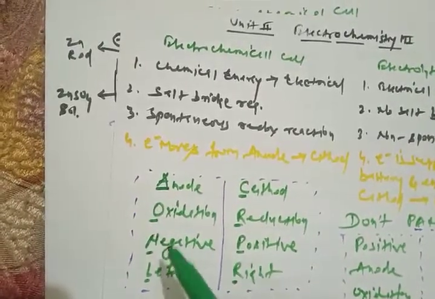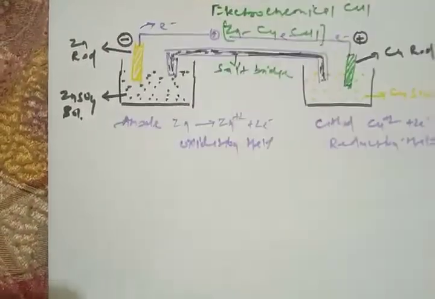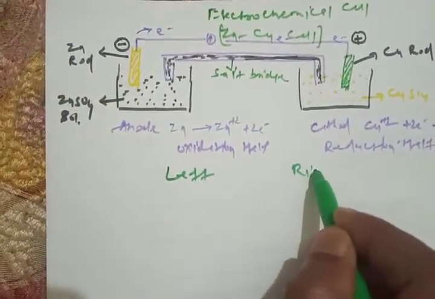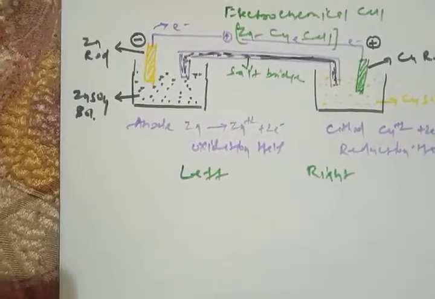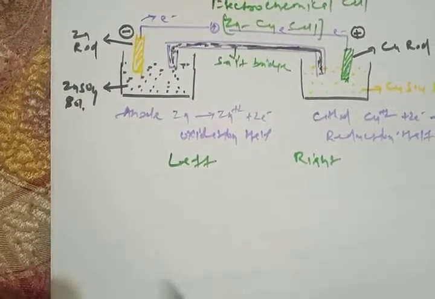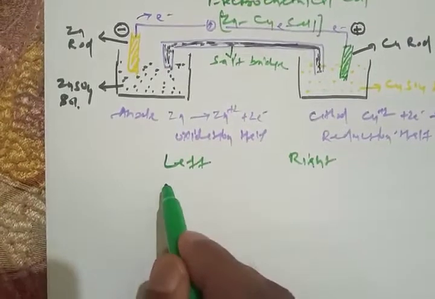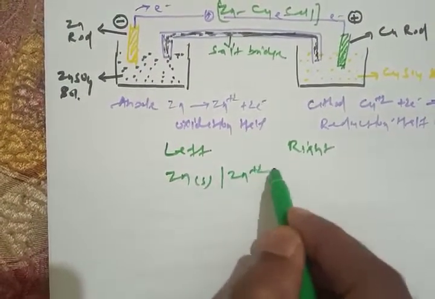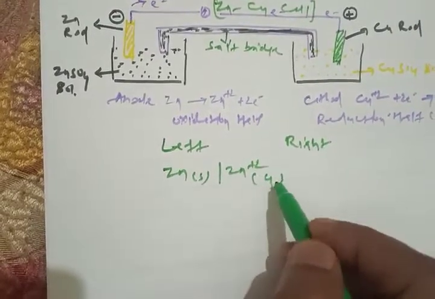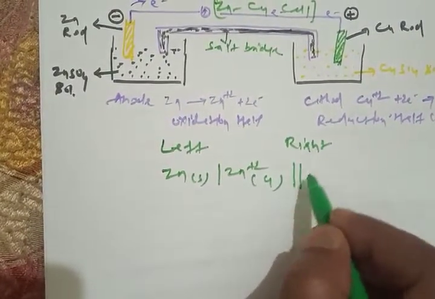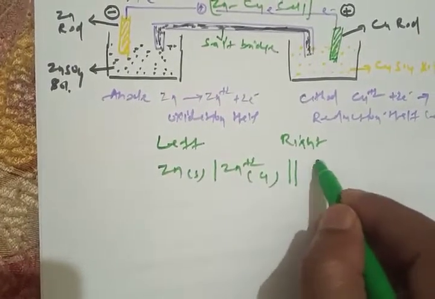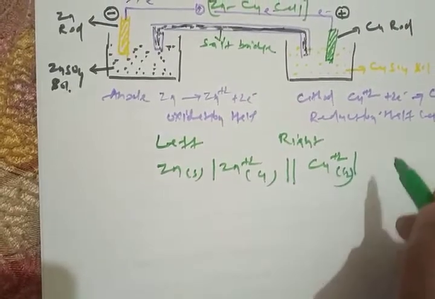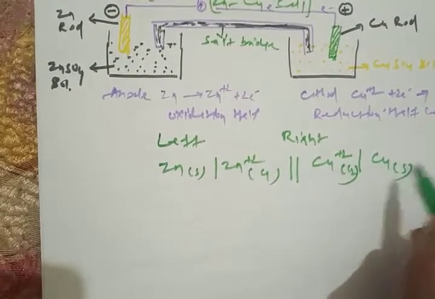On the left, oxidation: zinc solid, zinc plus 2 with concentration C1 in aqueous solution, and then the salt bridge. On the right, reduction: copper plus 2 with concentration C2, and copper solid.